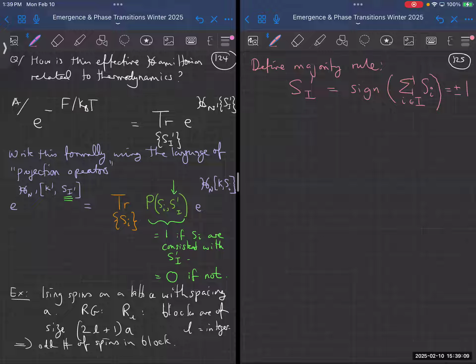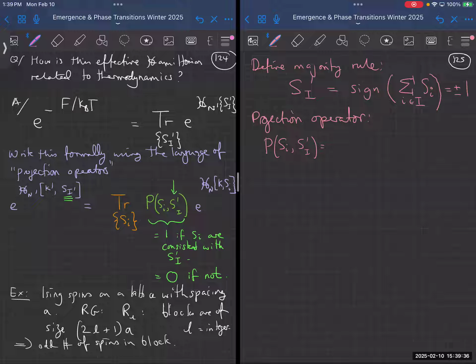Then I can write down my projection operator, P of Si prime. You tell me what the SIs are, and then I do the coarse graining.